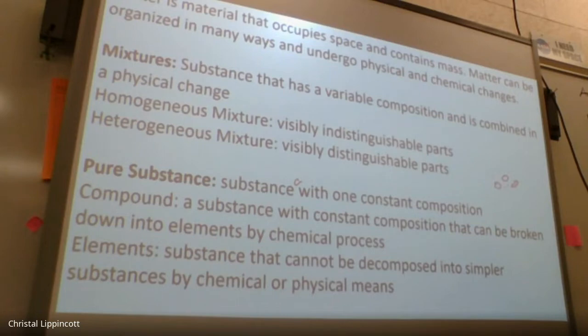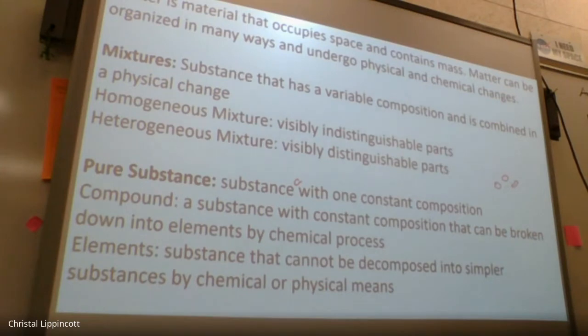Remember, colloids, and any heterogeneous mixture that is thoroughly mixed, are going to be positive for the Tyndall effect. So fog is a colloid. Can't see through it, can't necessarily distinguish the parts, but there are bigger particles in there, those water droplets.